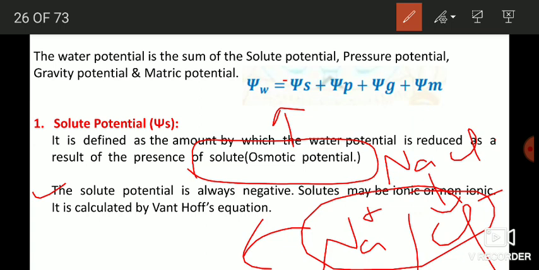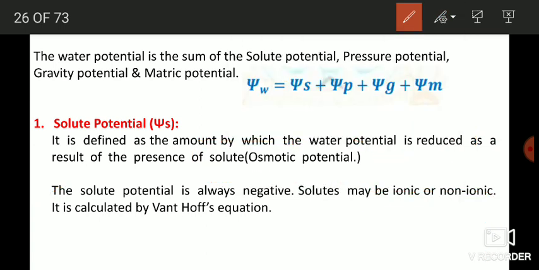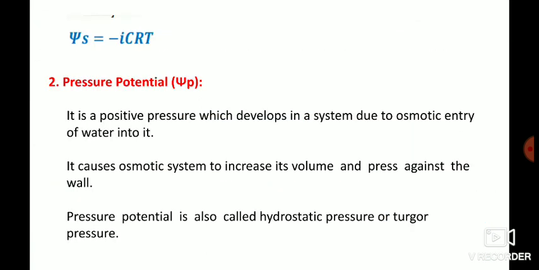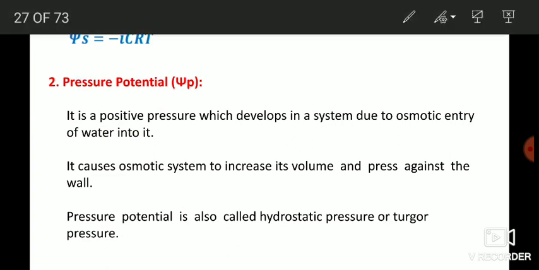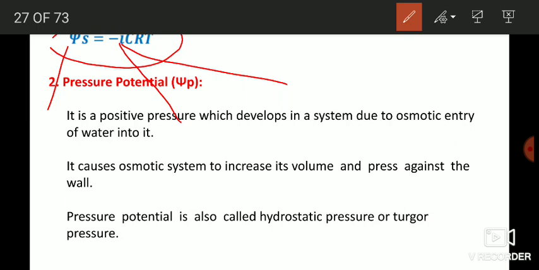This solute potential is calculated by Van't Hoff's equation, which is given on the other side. Psi s equals minus iCRT, where psi s represents solute potential. C is the concentration of the solute. I is the dissociation factor, or Van't Hoff's factor, or ionization constant.